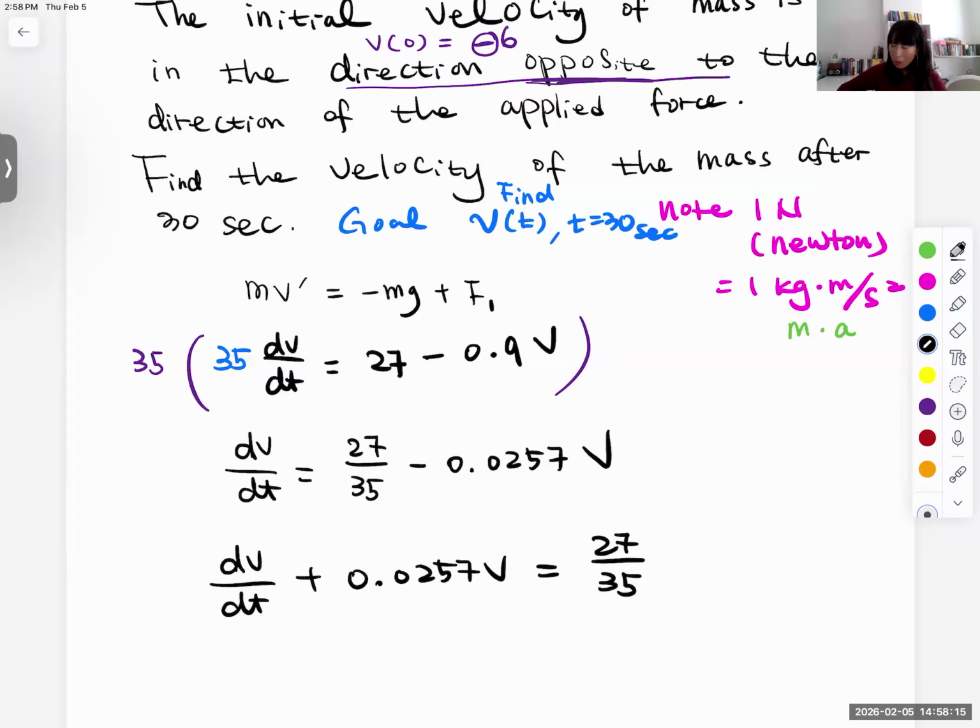Can you recognize this is a form where we can use the integrating factor?